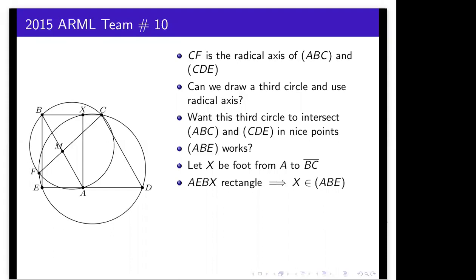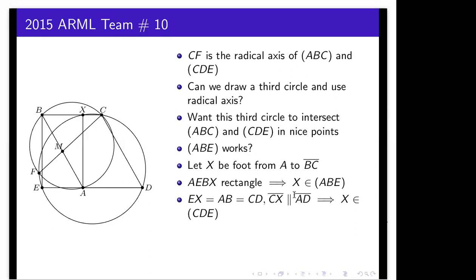We take a look at EX. Since a rectangle has equal diagonals, EX is equal to AB. And since ABCD is a parallelogram, AB is equal to CD. That means EX is equal to CD, so the trapezoid is isosceles.